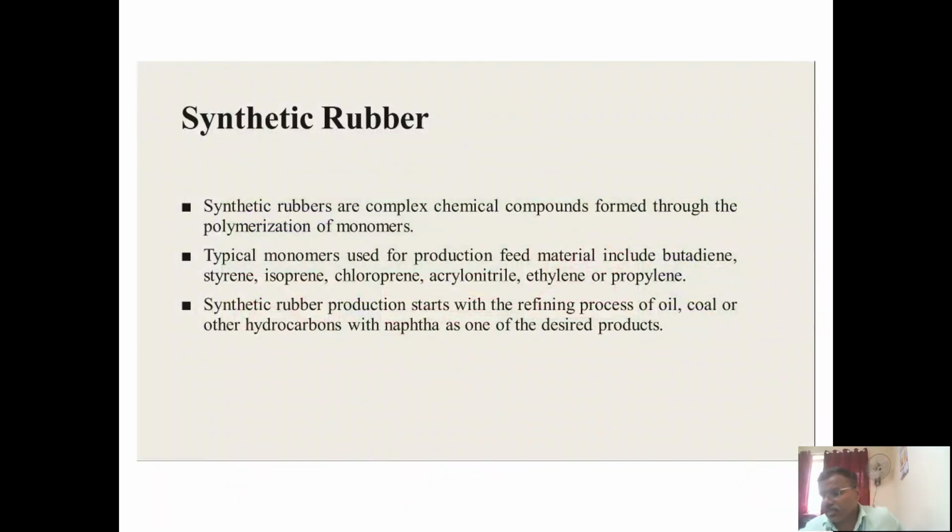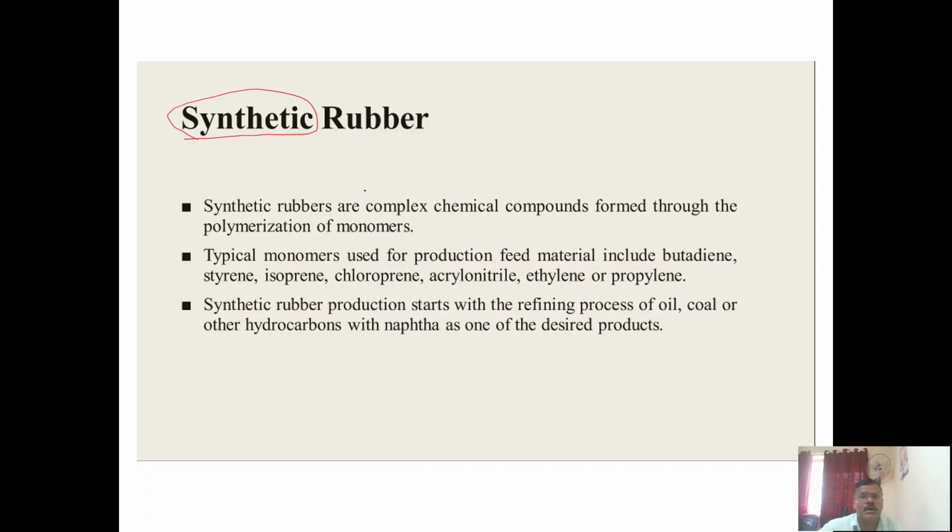Synthetic rubber. Why is synthetic rubber important? The weak mechanical properties present in natural rubber will be enhanced if you follow the synthetic procedure to overcome those properties.